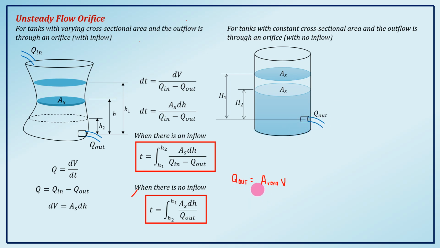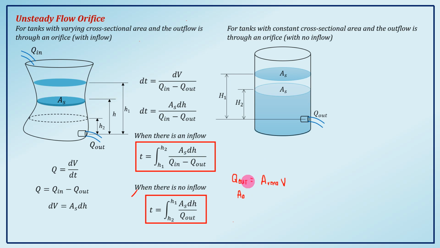That would be our Q out. How do we get the value of Q out in problems like this? Often, what is given is the area of the orifice and the head H.